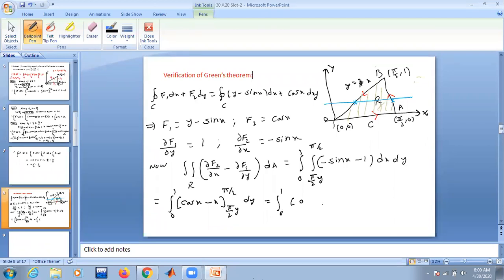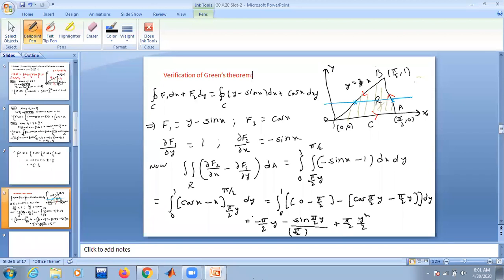Cos pi by 2 is 0, so we get minus pi by 2 minus cos pi by 2y plus pi by 2 y. Now integrate with respect to y: integration of cos is sine, so sin pi by 2 y divided by pi by 2, and the integration of y is y square by 2, with limits from 0 to 1.